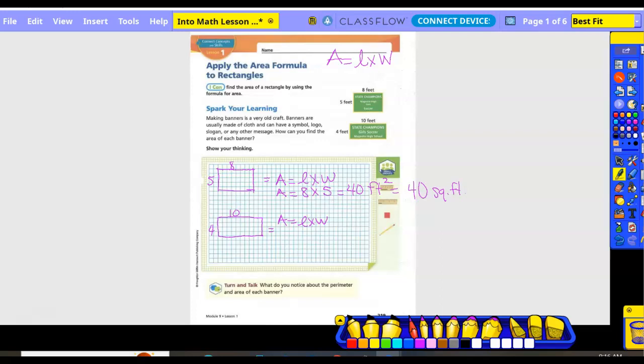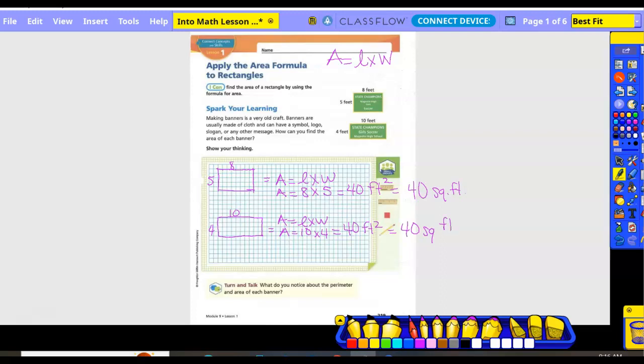So area, or A, equals, what's my length? 10, right? What's my width? 4. So 10 times 4 is 40. And then once again, we had feet, so you can either write feet squared, or you can write 40 square feet.